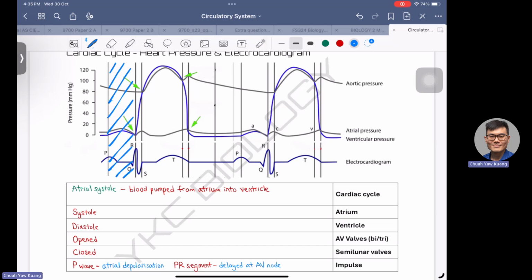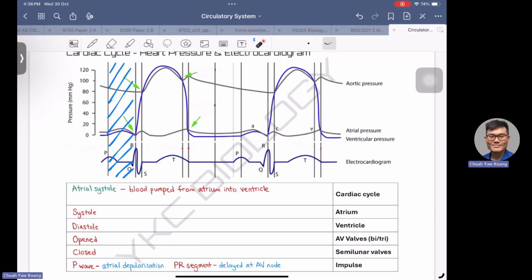During this time, the AV valve will be open, because the blood has to be pumped from the atrium into the ventricle. So the blood has to pass through the AV valve. In that case, yes, the bicuspid and tricuspid valves have to open to allow the blood to move into the ventricle.